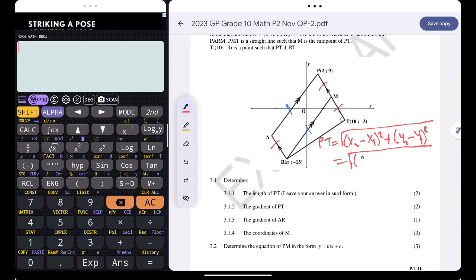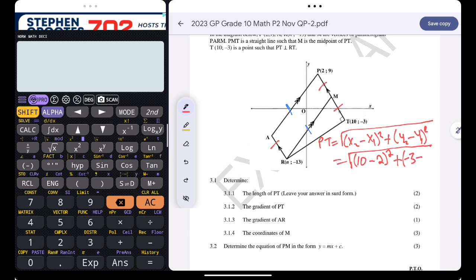So I will have what? I'll take the x value at point T, which is 10, minus the x value at point P, which is 2, plus the y value at point T, which is -3, minus the y value at point P, which is 9, all squared.